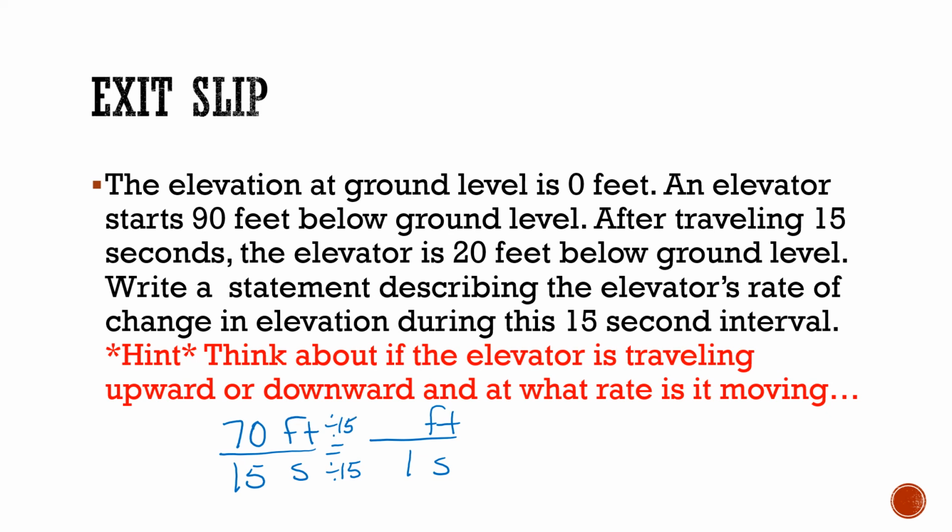So 70 divided by 15, which equals 4.6 repeating. You're welcome to write that as a fraction, which would be 4 2/3. So again, the elevator is traveling upward at a rate of 4 2/3 feet per second.